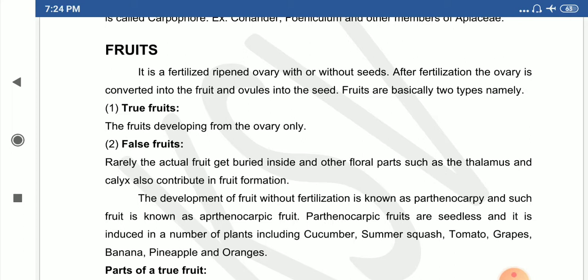There are two types of fruits, the true fruits and the false fruits. True fruits develop from the ovary itself, and false fruits develop from other parts of the flower, maybe the thalamus, some other floral part, or sometimes the calyx.